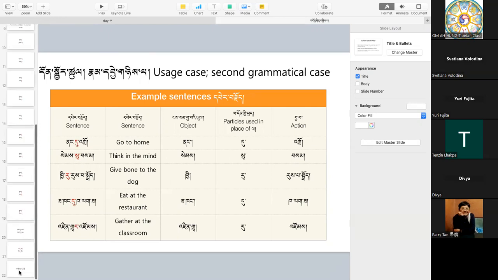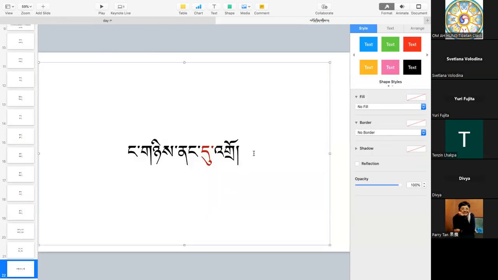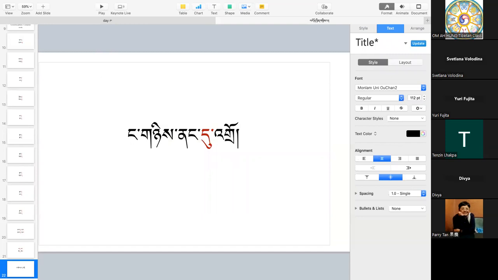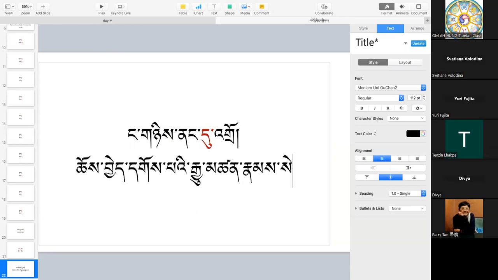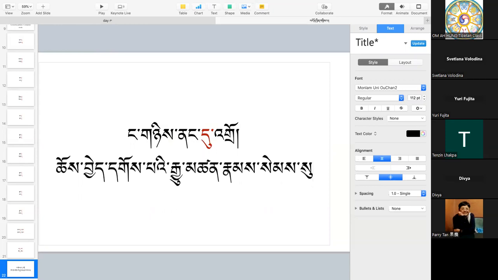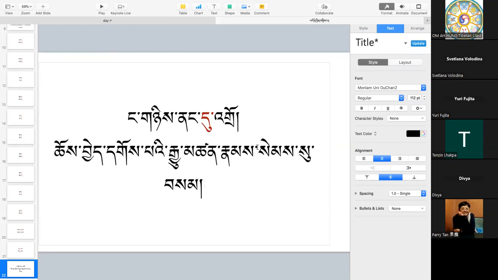So let me just add something. I'm just adding something to give you an example of how it could be a more elaborate sentence, right? So this is a more elaborate sentence.